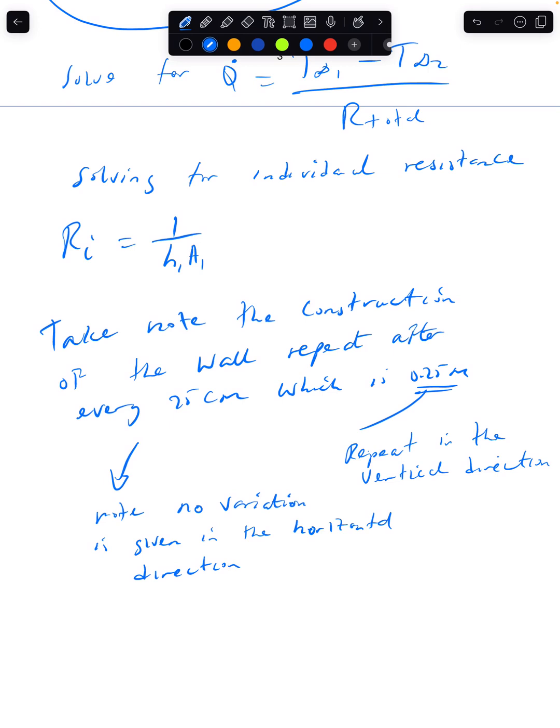And the question is, should we take 0? We can't take 0 because a dimension exists but it has not been given. In a case whereby a dimension is not given, we have to consider a standard depth of 1 meter.